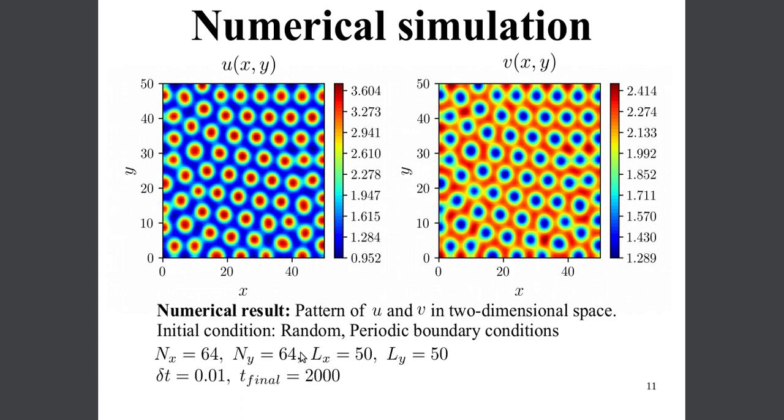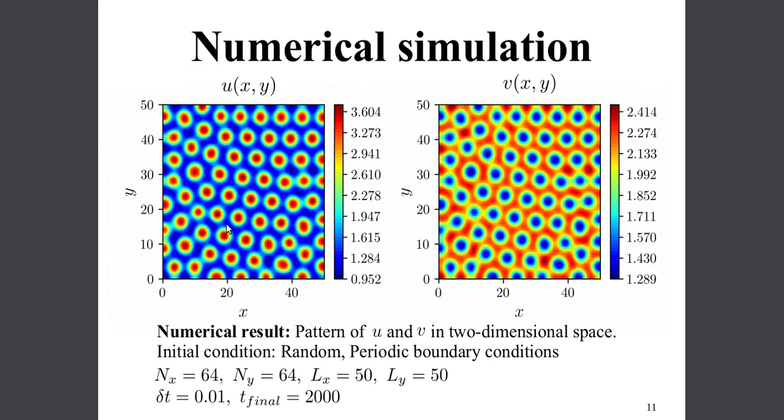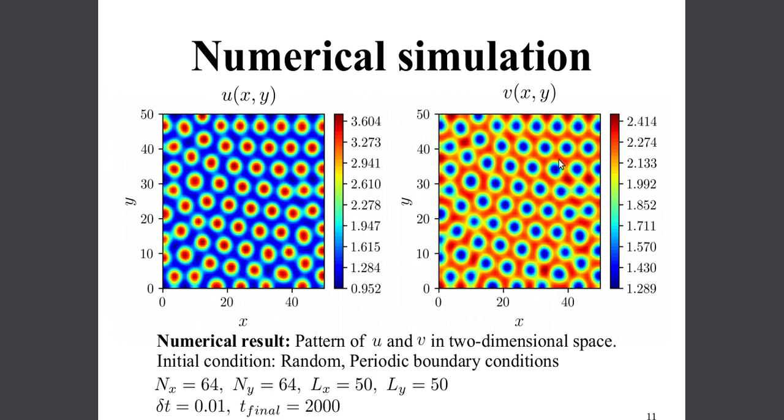These are basically the grid size, and I am using a time step of 0.01, and final time is 2000. So you can have this kind of patterns with this, and you can have a lot of models and a lot of things available in literature.